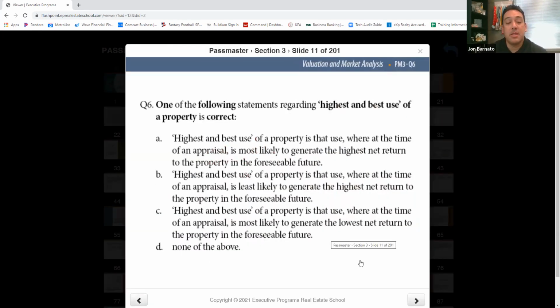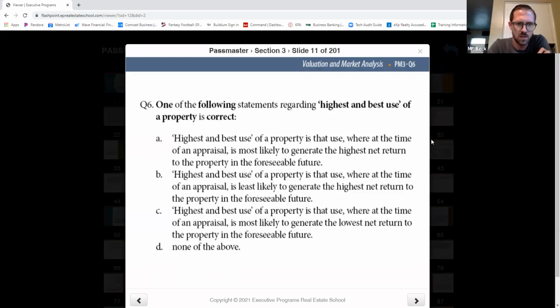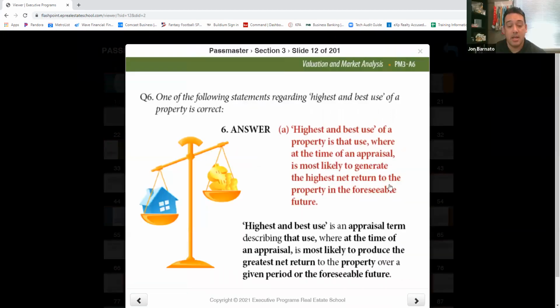One of the five statements regarding the highest and best use of property is correct. Oh, the highest and best use. Let's see. Most likely to generate the highest rate of net return. I would say A is true. A. Correct.